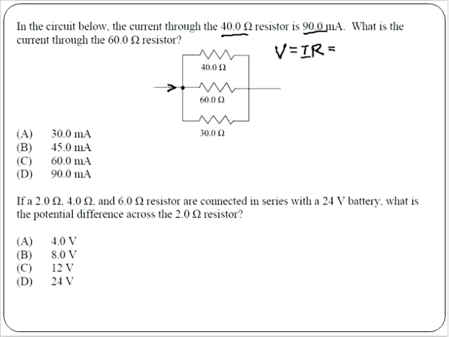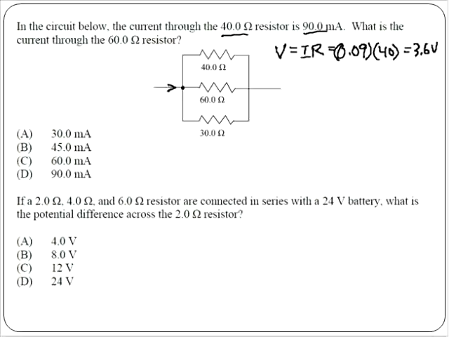So let's find the voltage for that resistor. V equals I times R. So the I, 90 milliamps, divide that by 1,000 and you get 0.09 amps. You need to do that because current should always be in amps. Then I multiply that by the resistance, which is 40. That gives me 3.6 volts.